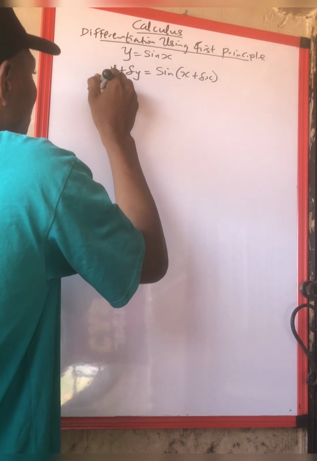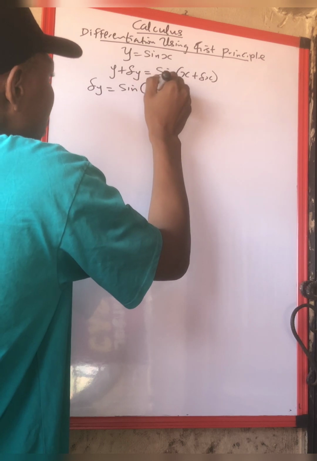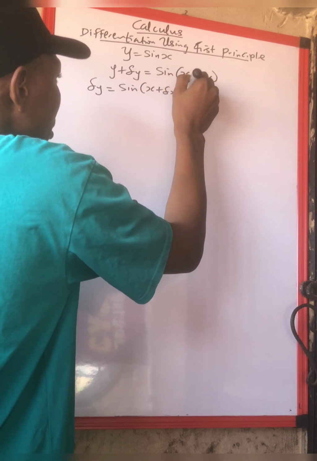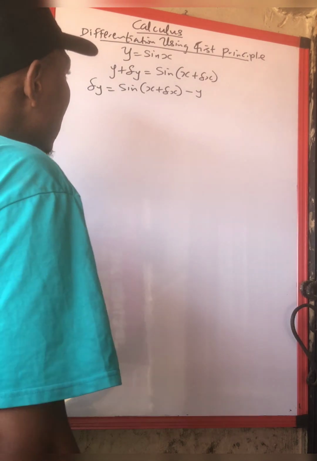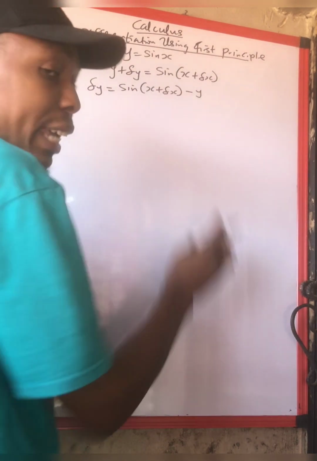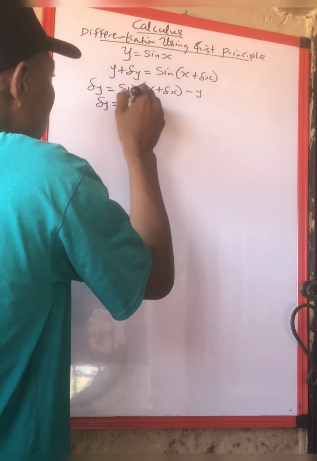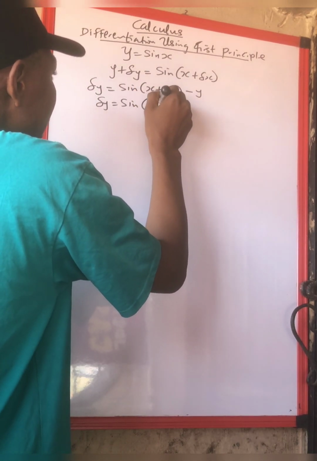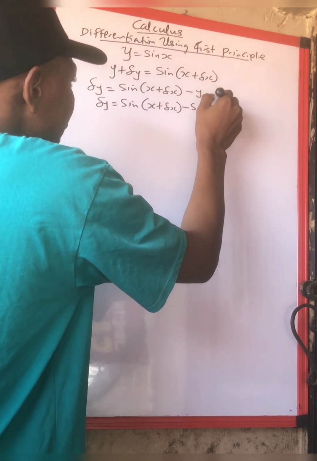So change in y equals sine of x plus change in x minus y. And this time around, our y is sitting as sine x. So it becomes change in y equals sine bracket x plus change in x minus sine x.